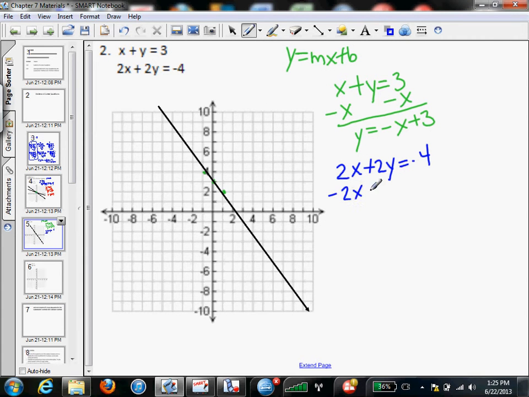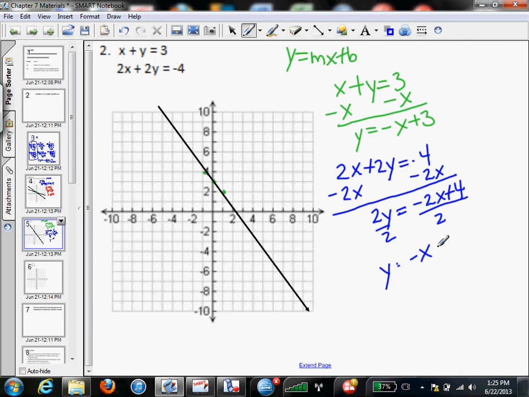Start off by subtracting 2x on both sides. We have 2y equals negative x plus 4. Now to get y by itself, we want to divide by 2 on both sides. So we get y equals negative x plus 2.